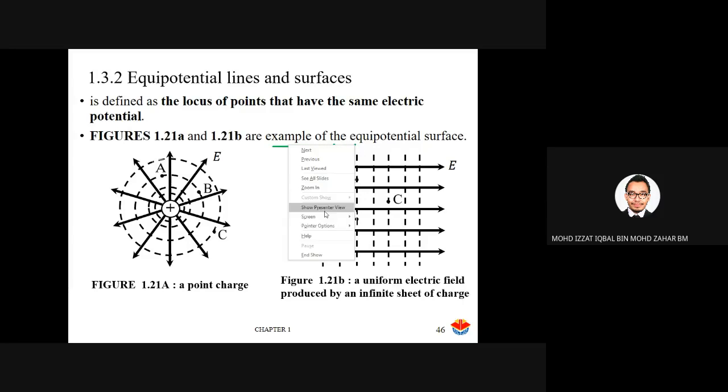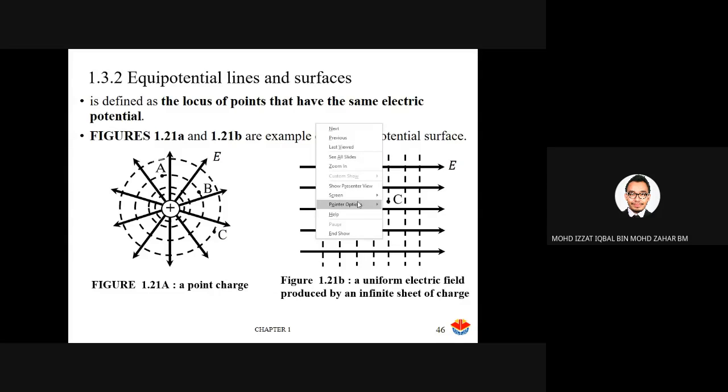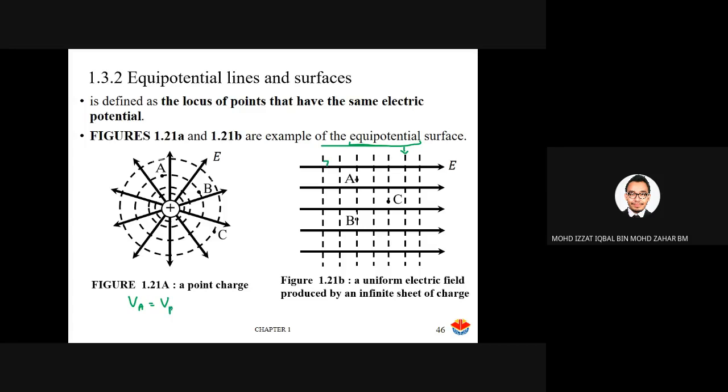This one is actually the dotted line too. If you have 2 points on the same equipotential line, it means that they have the same potential. The V is the same. So in this case, I can write VA equals VB.